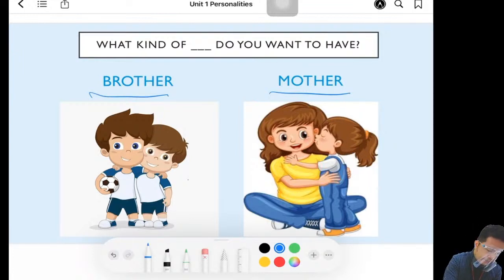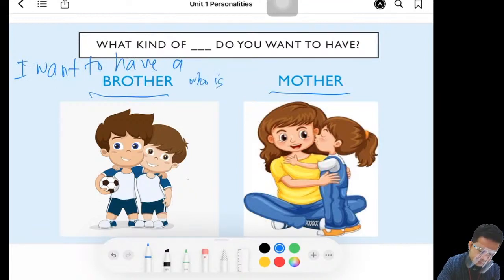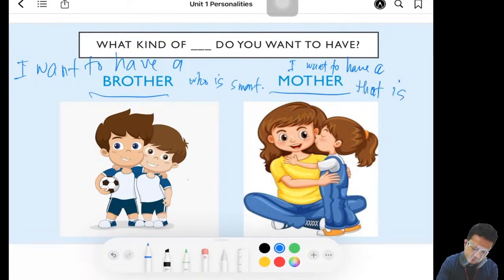You can say, I want to have a brother who is smart. Or you can also say, I want to have a mother that is kind, loving, caring.